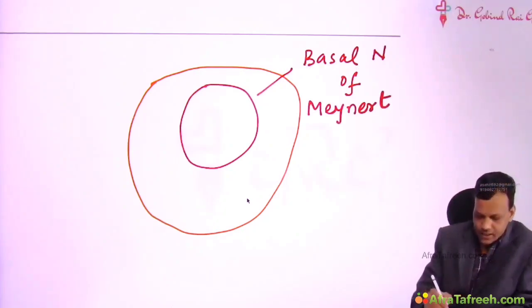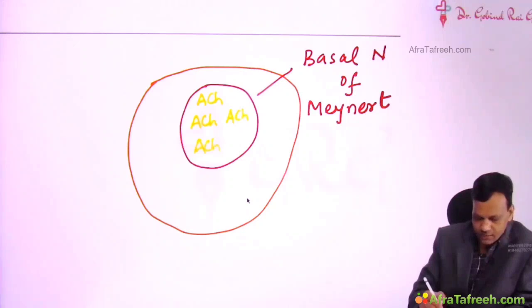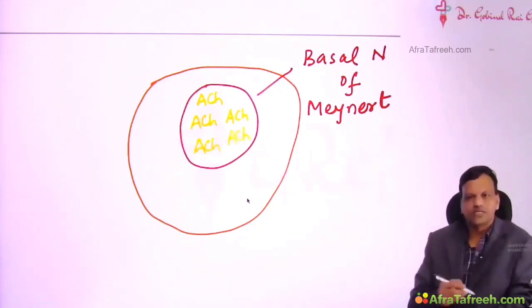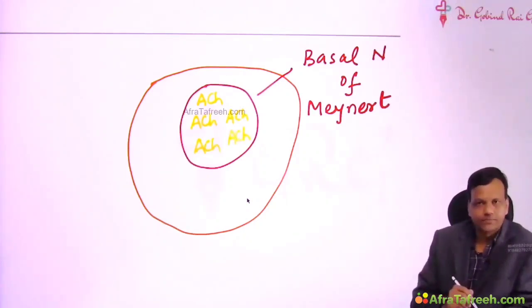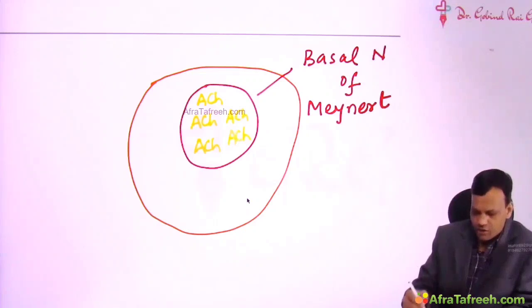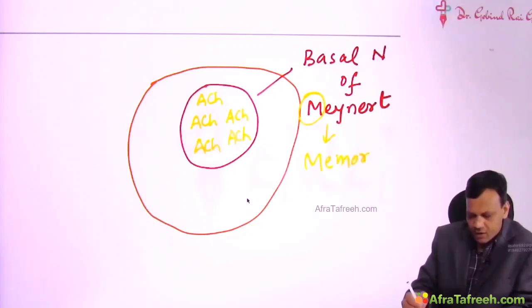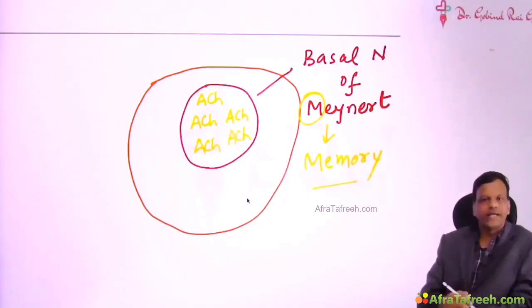This area contains plenty of cholinergic supply, meaning a large number of cholinergic neurons are available in this area, or in simple language we can say all the function is done by acetylcholine here. And the main function of the basal nucleus of Meynert, you can remember M for Meynert, M for memory. This area is involved in acquiring and retaining memory.